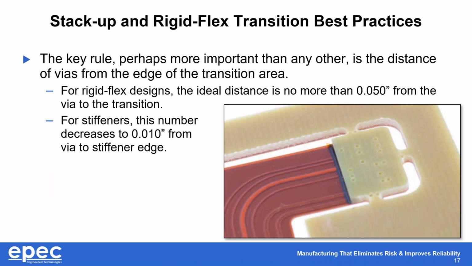So for a rigid flex design, this means keeping vias no more than, say, 0.50 from the via to the transition. And then for stiffeners, while it's simpler, it is still mechanically best to keep it at least 0.10 from the via to stiffener edge.